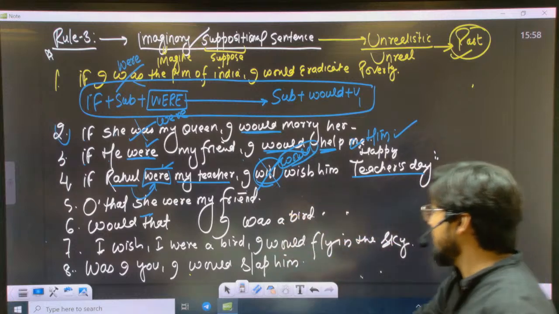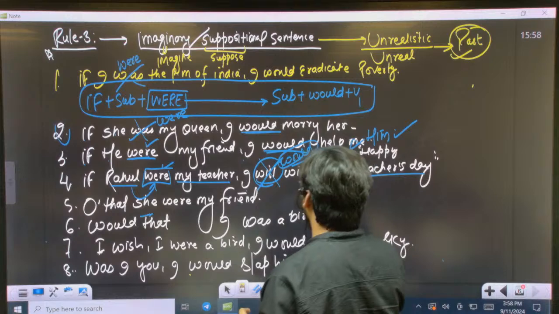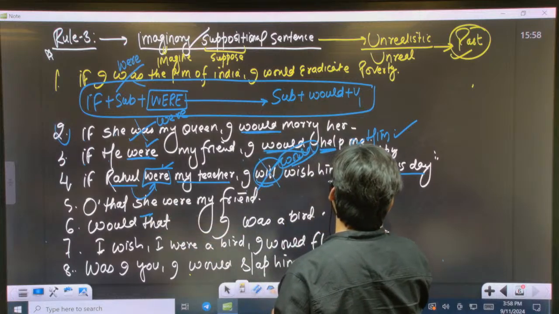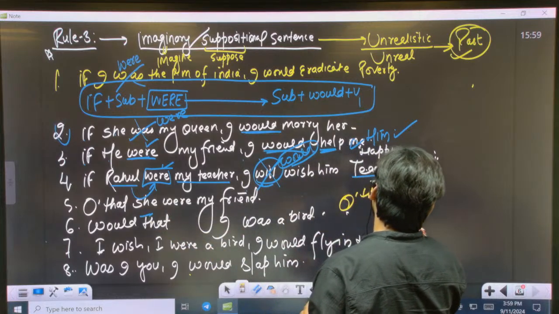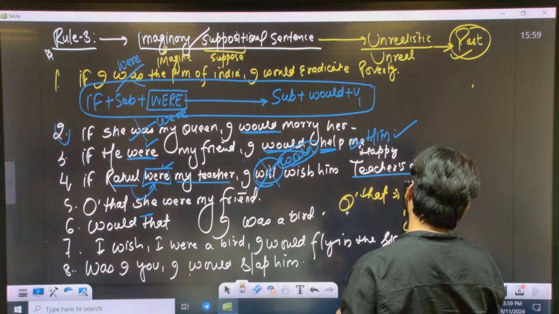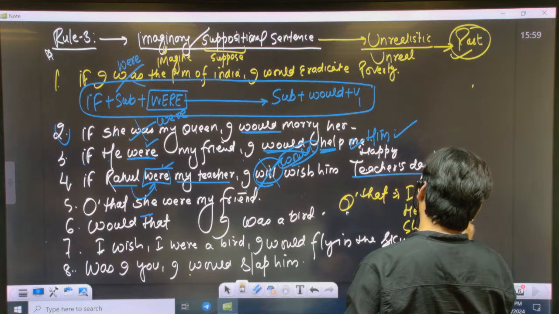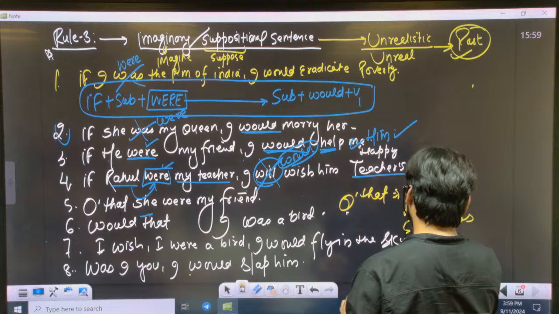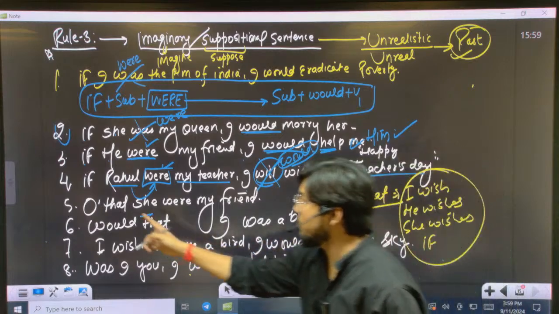Okay, oh that. Now come to this point of view. This means if, oh that means I wish, or he wishes, or she wishes. Oh that, apostrophe must be here.